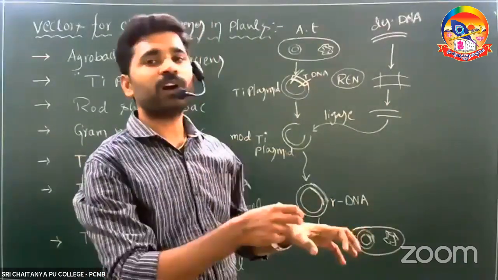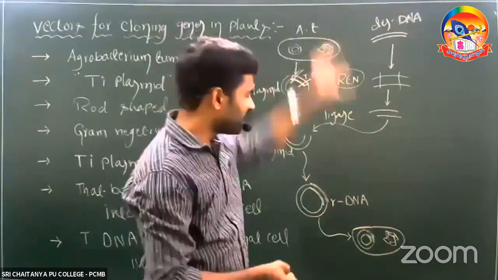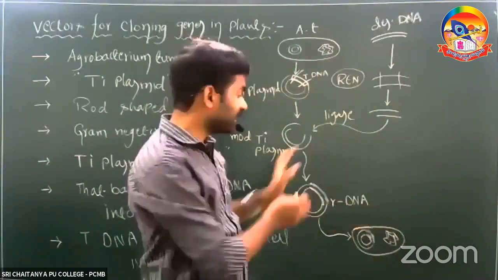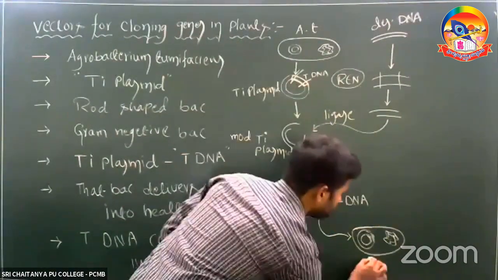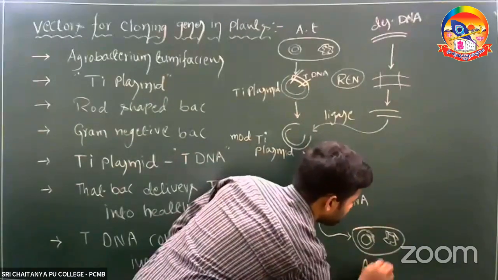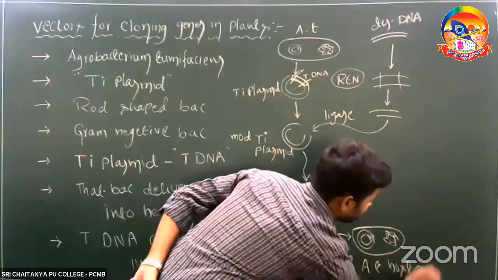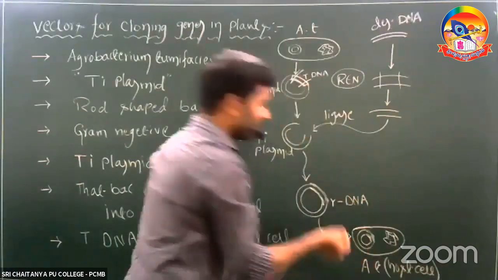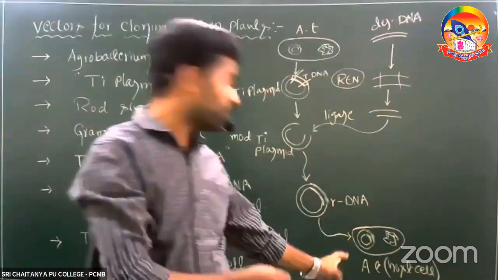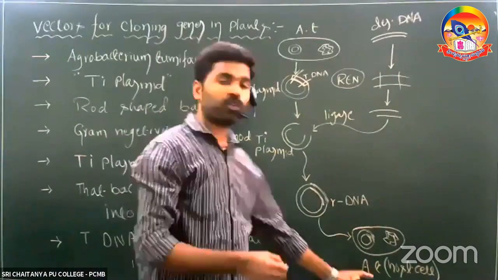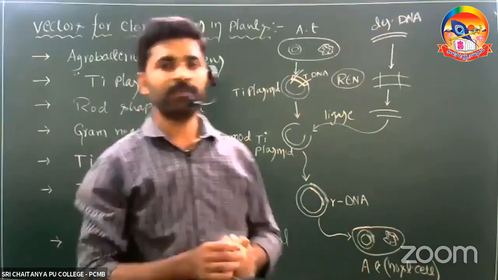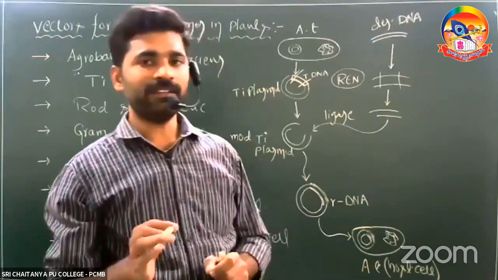That type of Agrobacterium we selected for this experiment as the host cell, but it acts as a host cell only. So now it is a modified host cell, or modified Agrobacterium tumefaciens cell. So it does not cause any disease.